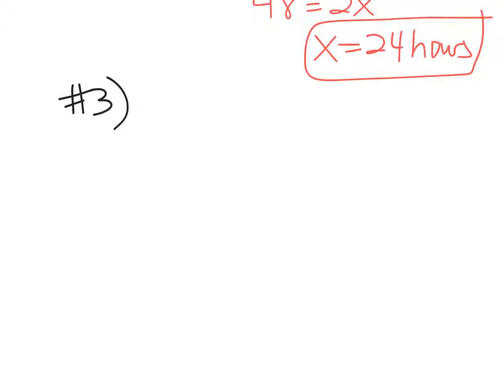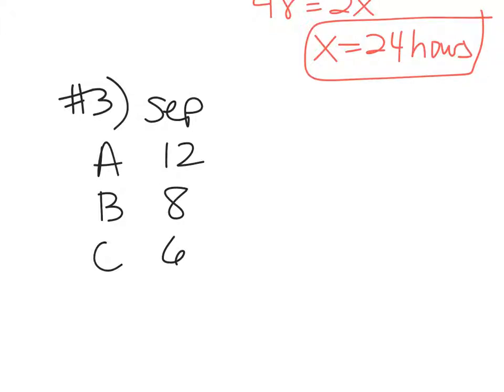Okay, here we go. So separately, we have A, B, and C. A is a bad printer. It takes 12 hours to print all these paychecks. B was 8, and C was 6. Now they're going to put them together. How long does that take? What should we label that as?